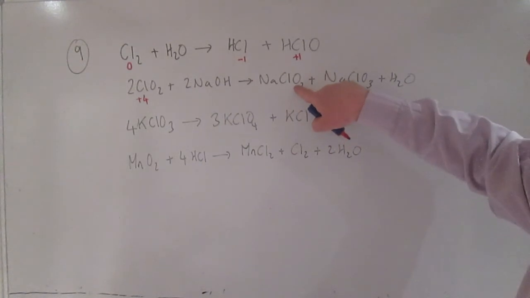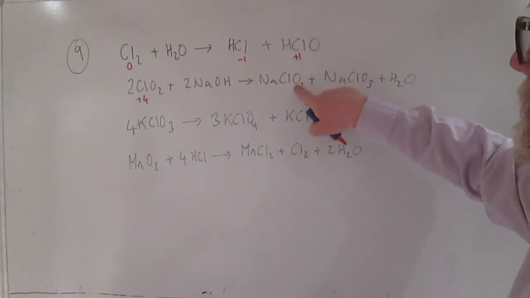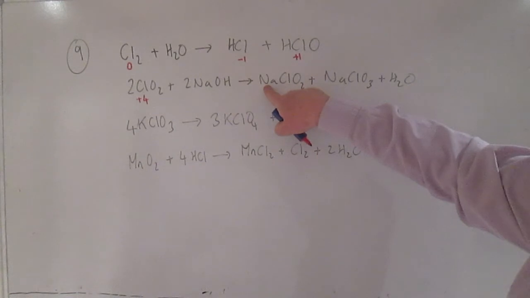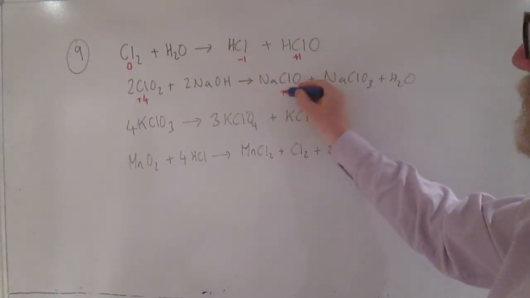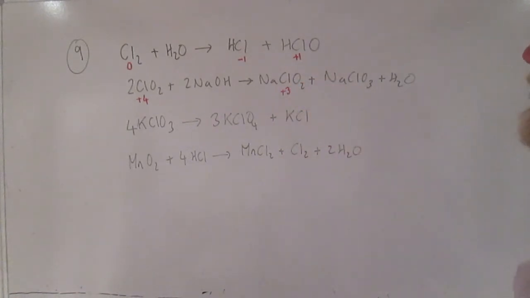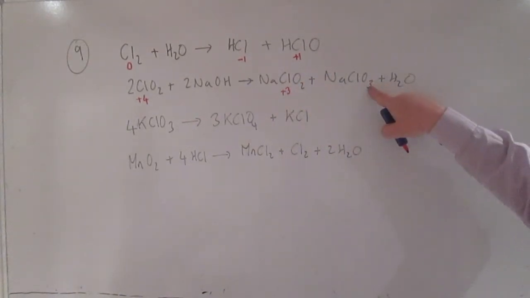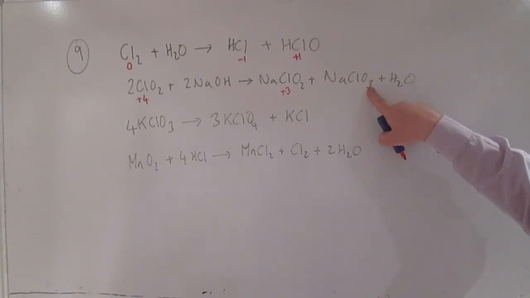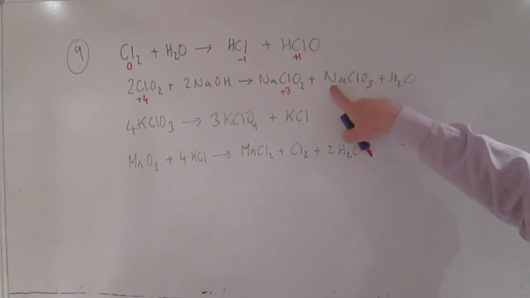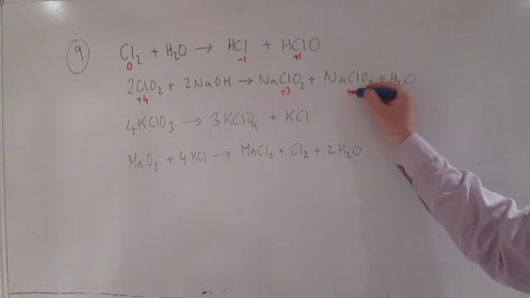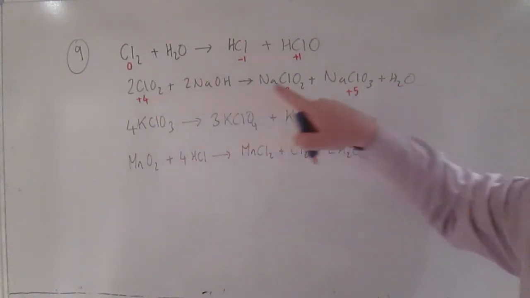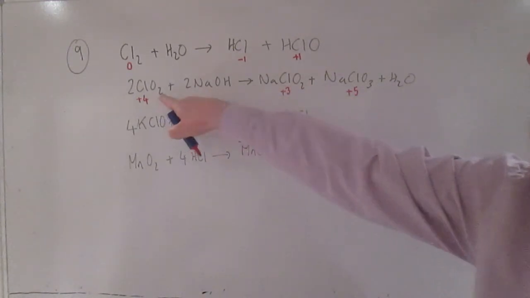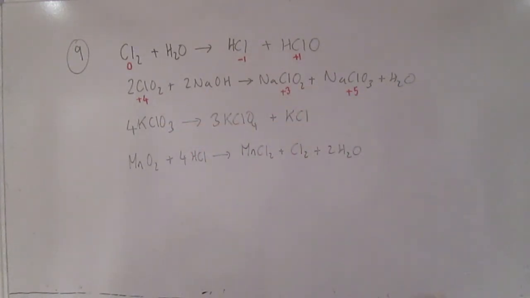Here 2 oxygens is -4, but we've got +1 from the sodium, so -4 + 1 is -3, so the chlorine is +3 to balance that one out. 3 oxygens is -6, +1 is -5, so the chlorine is +5. So that again is a disproportionation. Some of it's oxidized from +4 to +5, some of it's reduced from +4 to +3. So neither of these is the answer.